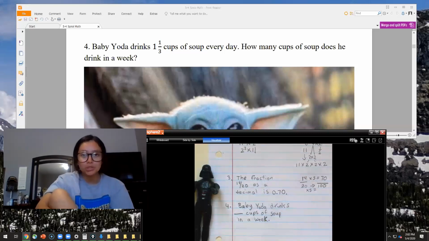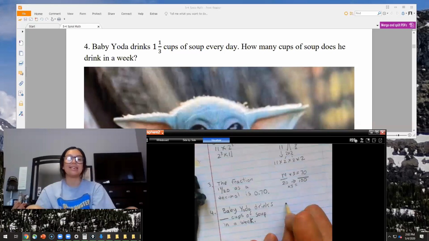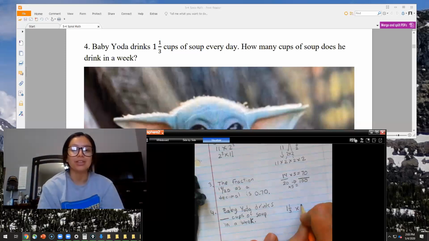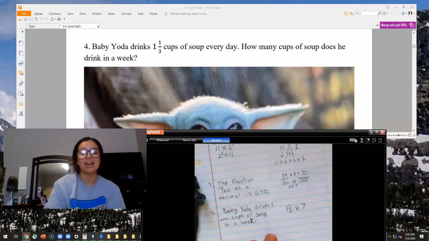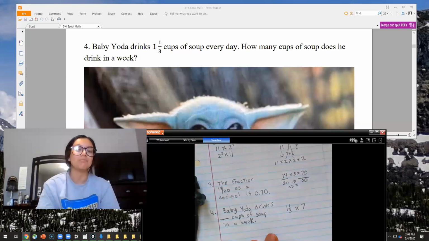All right, so now what you're going to want to do is multiply your 1 1/3 times 7 because there's 7 days in a week. So our first step is realizing that we can't multiply this out the way it is right now because one of them is a mixed number. So we have to turn that mixed number into an improper fraction.